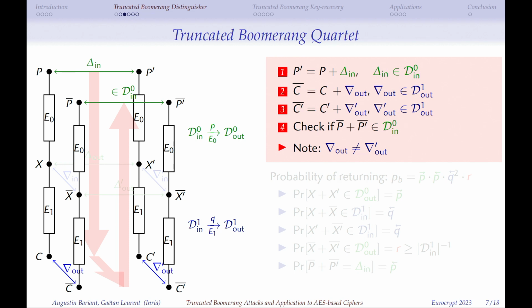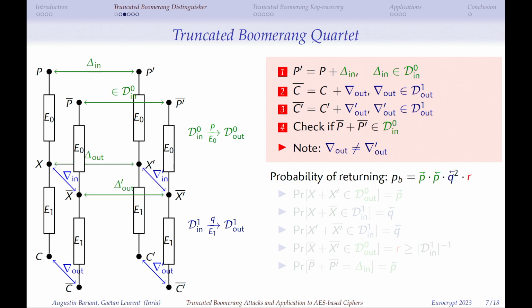We can pick any value in the set of good output differences. In particular, we can pick different values from nabla out and nabla out prime. Then we decrypt, and when we get the new plaintext, instead of looking for a fixed difference for the returning values, we allow any difference in this set delta in.